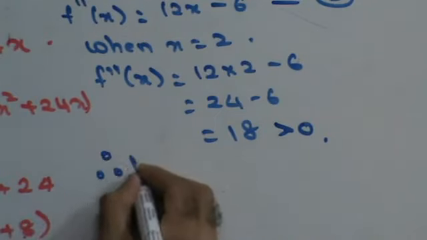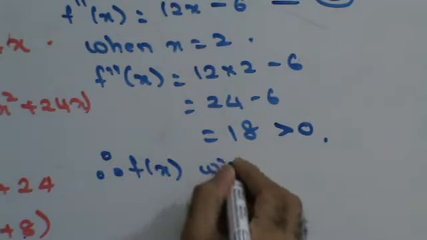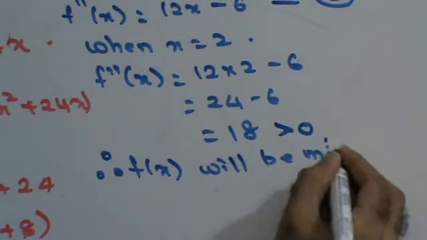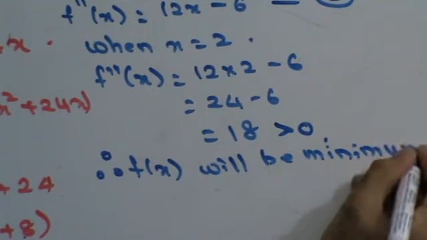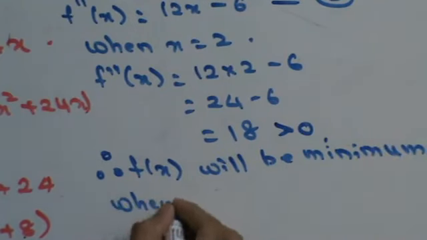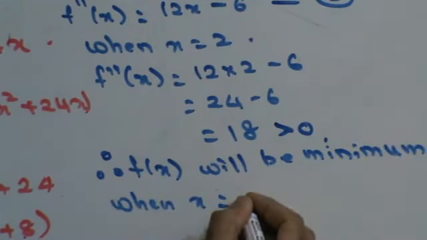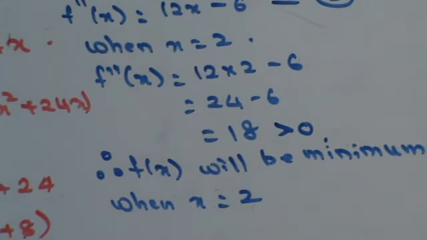Therefore, I can say f of x will be minimum when x is equal to 2. Right? If the second order derivative is greater than 0, then the function will be minimum.